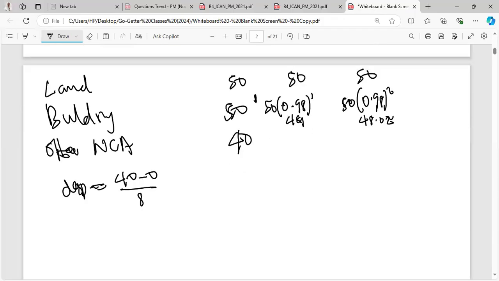Number of useful life is 8. So 40 minus 0 is 40. 40 divided by 8 is 5. 5 times 8 is 40. So this will be less by 5. Here will become 35.